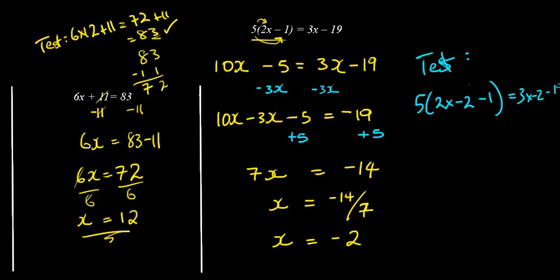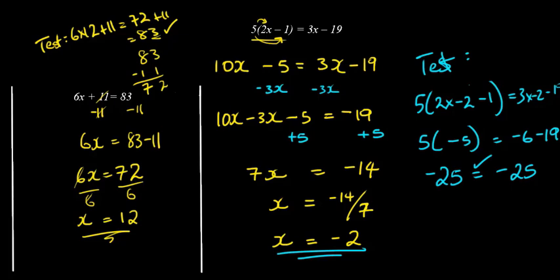Let me do some work here. 2 times negative 2 is negative 4. Negative 4 minus 1 is negative 5. And 3 times negative 2 is negative 6. So 5 times negative 5, that would be negative 25. And negative 6 minus 19 is also negative 25. So now I'm sure that x equals negative 2 is my answer.